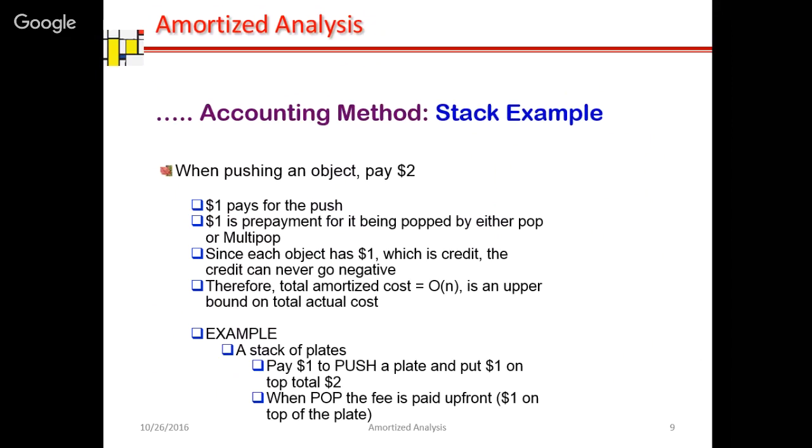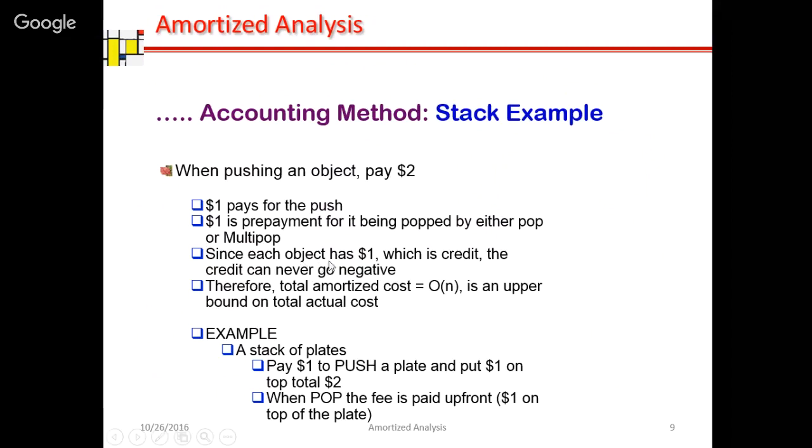So let's look again into the details of the accounting method, stack example. When pushing an object, we pay $2 for that. The first $1 pays for the push. The second dollar is a prepayment for it being popped by either pop or multi-pop.